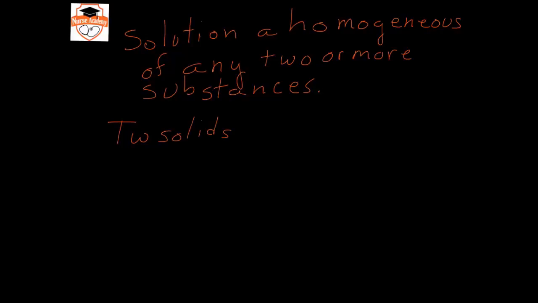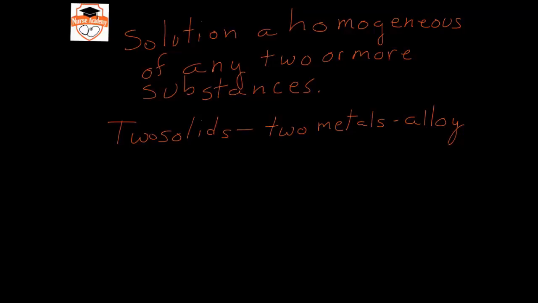Usually when you have mixtures of two solids, if there are two metals, that would be an alloy. Steel, for instance, is an alloy of iron, where different metals such as chromium and other metals that stop the corrosion of iron are mixed in, and they also will strengthen it.